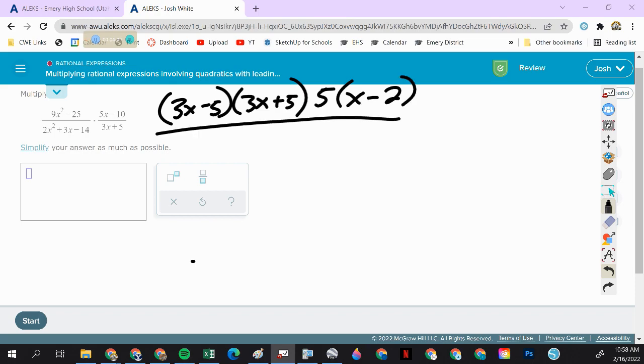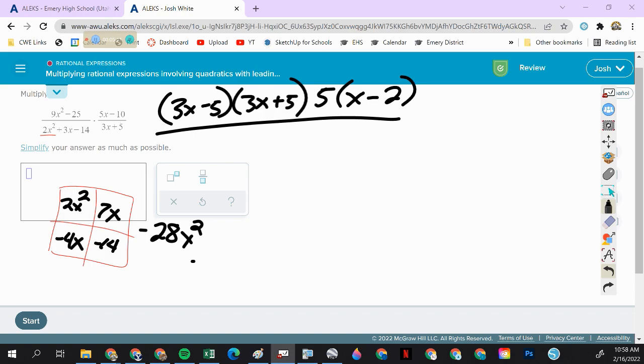Divided by. I cannot pull a 2 out of this one, so we have to use the box. Stick in 2x squared and negative 14. Multiply those together, and I get negative 28x squared. Two numbers that multiply to be negative 28 and add to be 3: 7x and negative 4x.